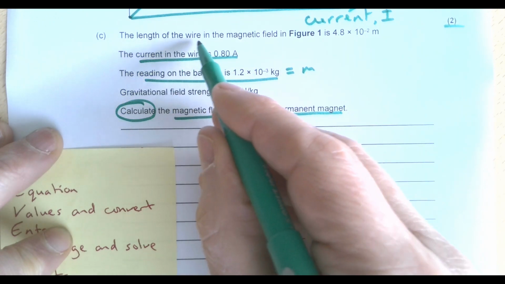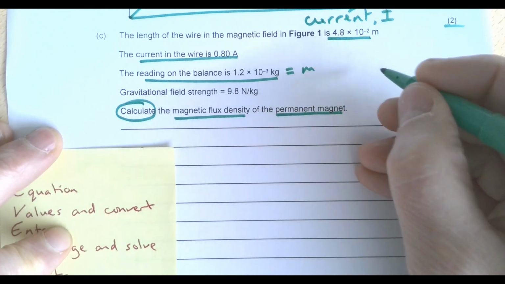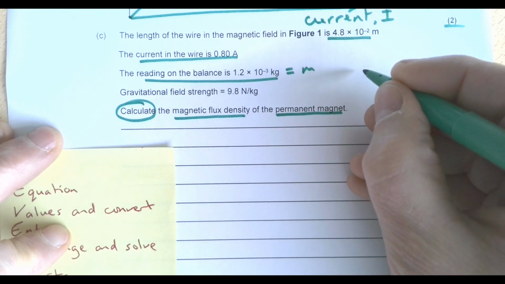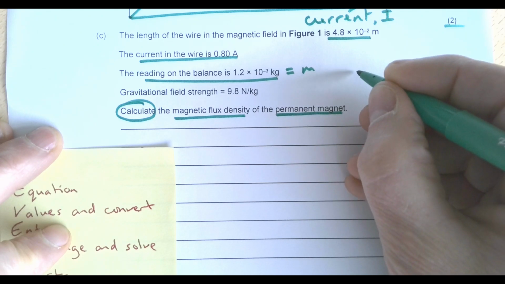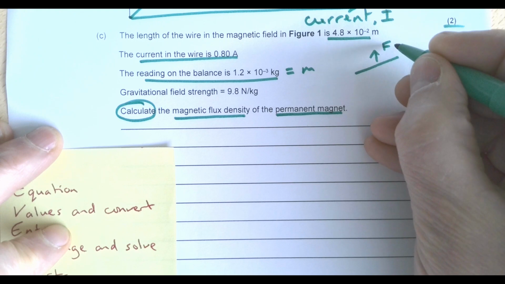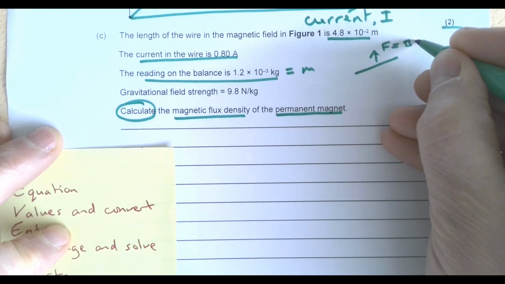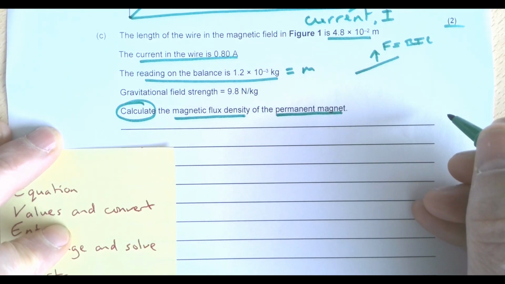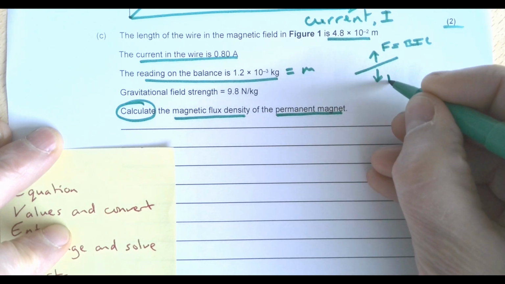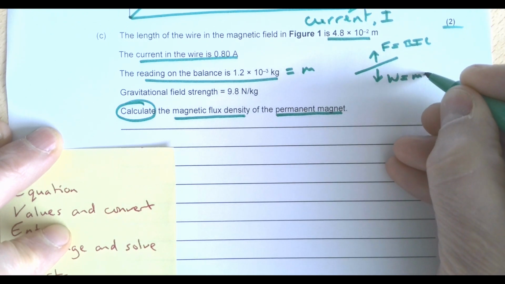Length of the wire is that. We know we're going to need for this, we've got our wire there, our wire has been pushed up by F equals BIL, okay, and it's pushing everything else down with W equals mg.